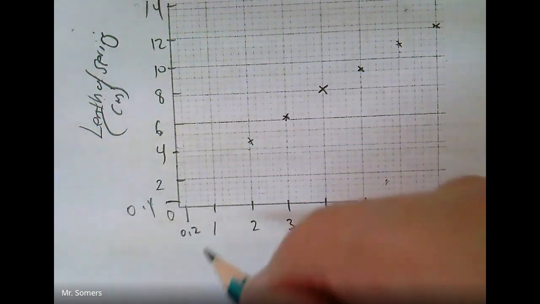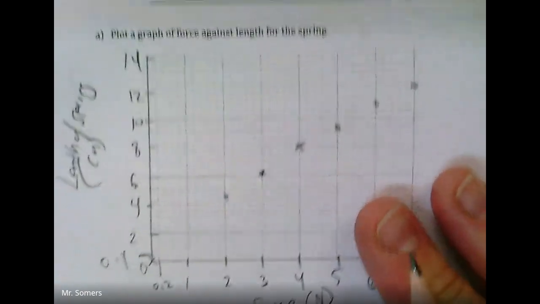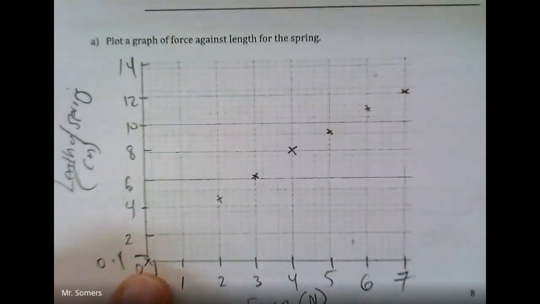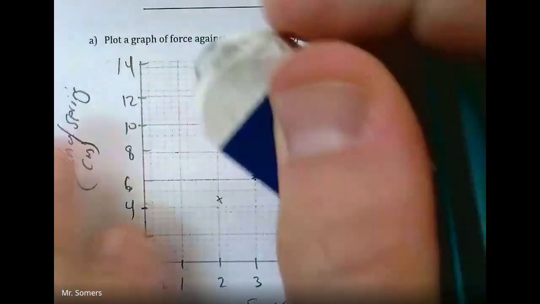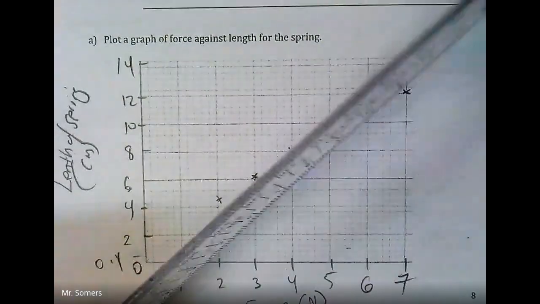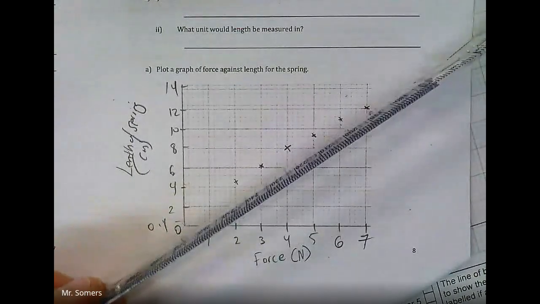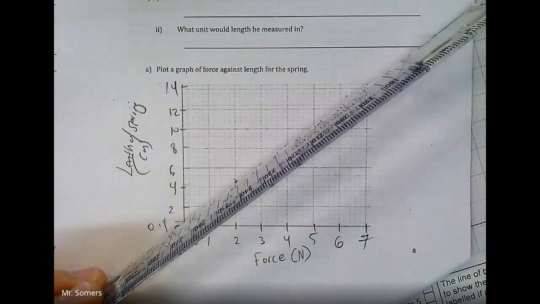I could actually put a little 0, 0 there. It's called directly proportional when you can do that. I haven't plotted it, but it makes sense. So I probably should erase the X, because that kind of shows us falsely that we've gone through the 0, 0. But we can put the ruler there. Now I'm going to take the ruler and put the ruler on its end through the 0, 0.